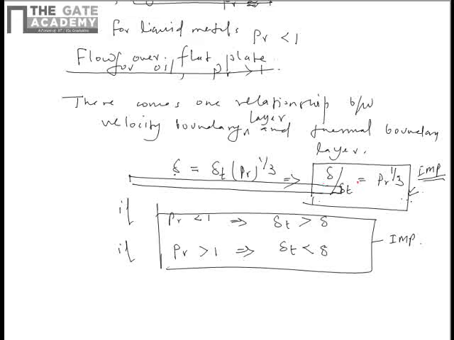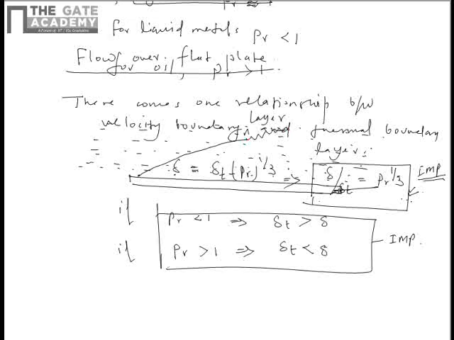Let us say this is a surface and a fluid is flowing over this surface, whose uniform temperature is T infinity. Due to no slip condition, there will be one boundary layer generation.